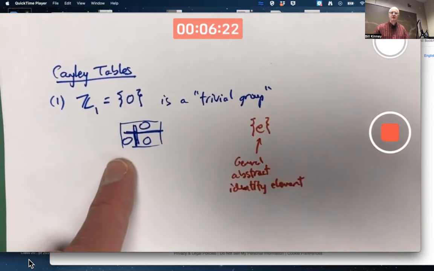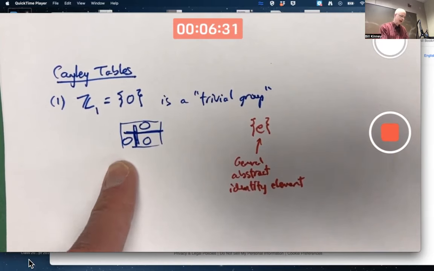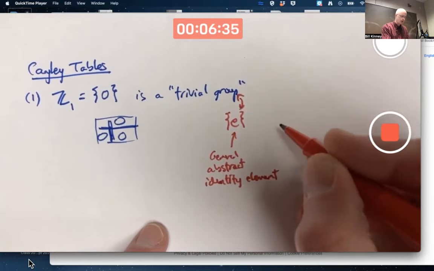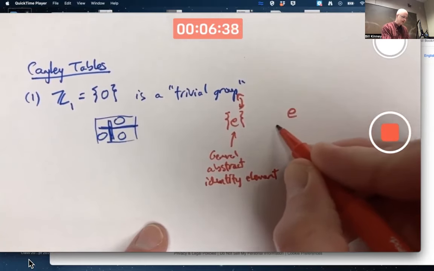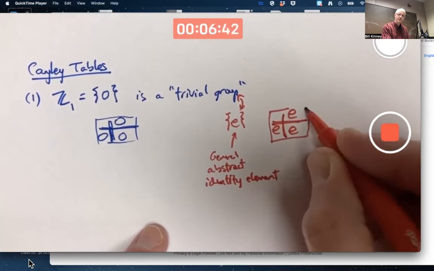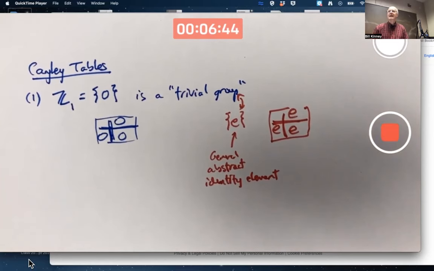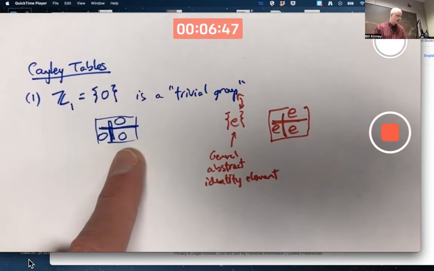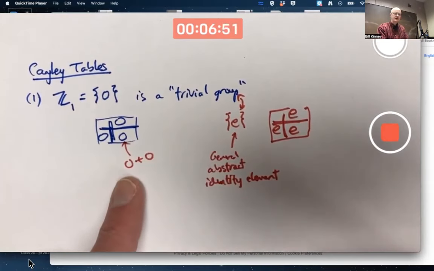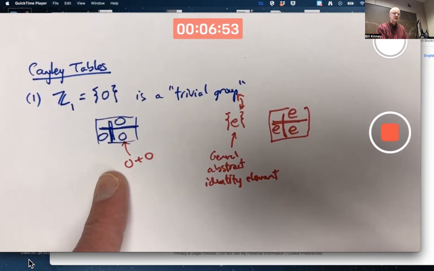For this particular group, Z1, whose 1 element is 0, 0 is playing the role of E. For this general abstract identity element in this general abstract trivial group, its Cayley table basically looks the same as the one with 0. Here we think of this as 0 plus 0. We do think of the operation here as addition.